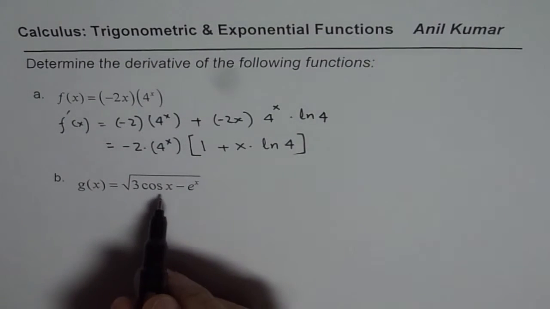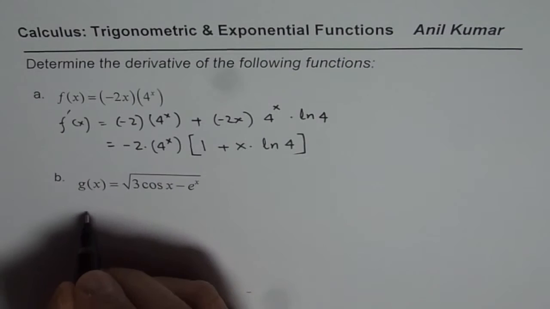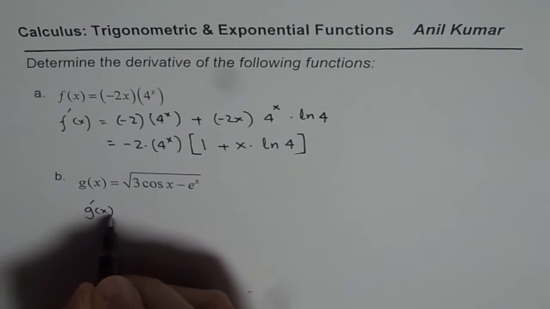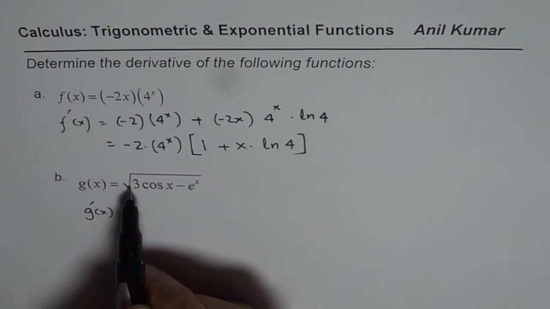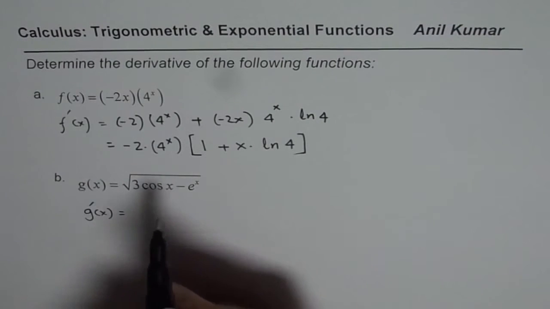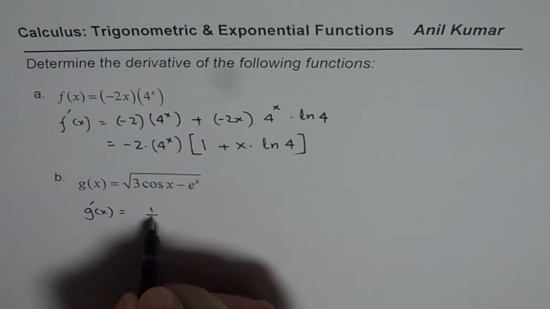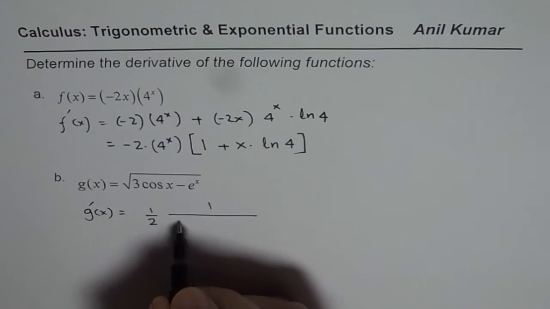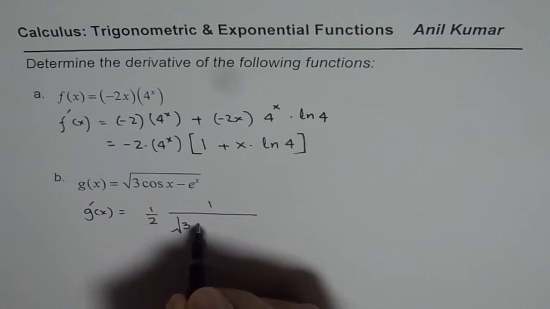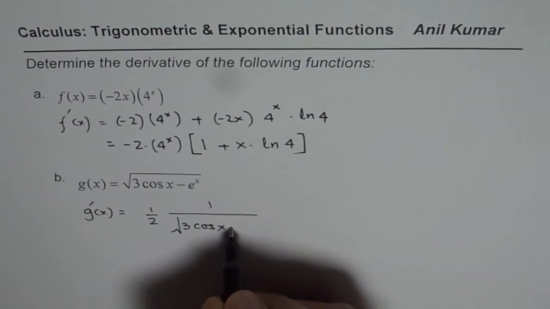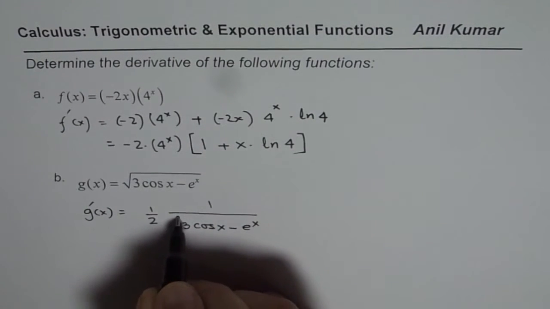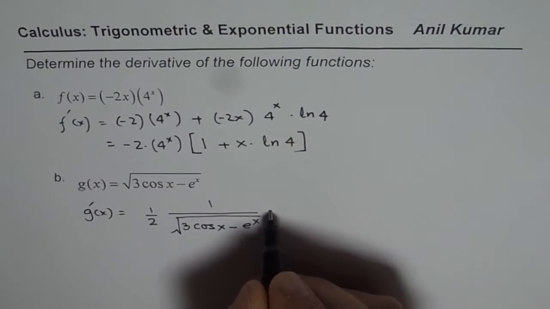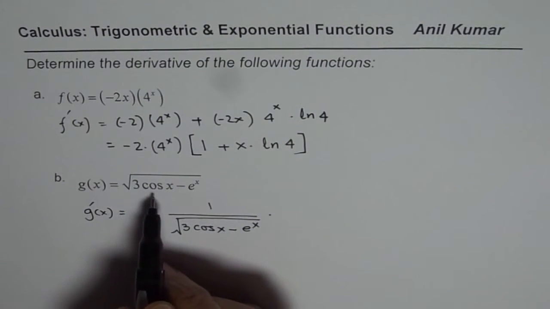Now let's do the derivative of the second function. The outside function is just a square root, so there will be half of the whole thing to the power of minus half. I could write this as 1 over the square root of (3 cos x - e^x), times the derivative of the inside function.